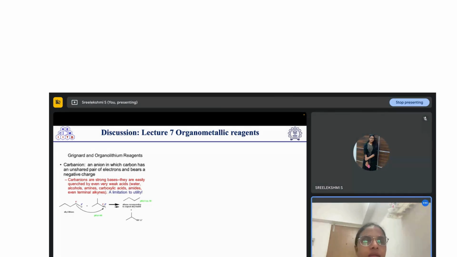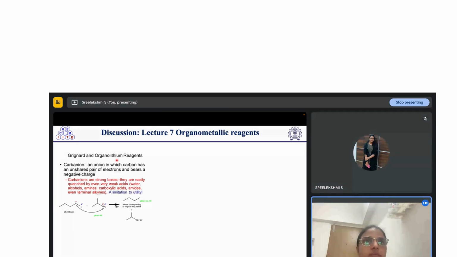Here, the bonding pair between carbon and metal is always shifted towards the carbon. As we can see from the definition given here, a carbanion is an anion in which carbon has an unshared pair of electrons and bears a negative charge.